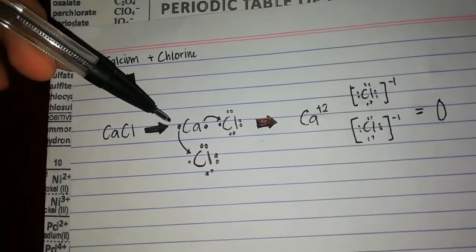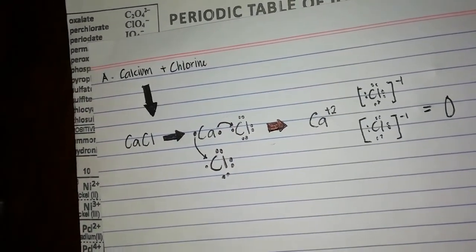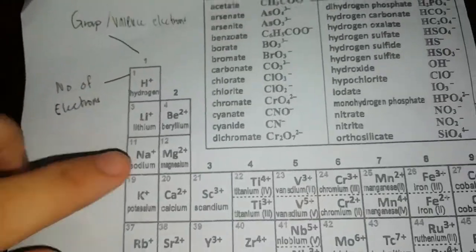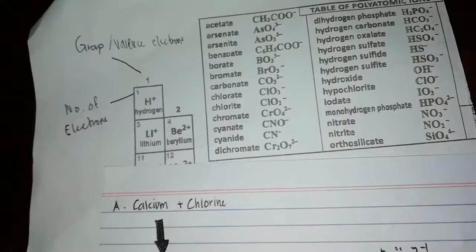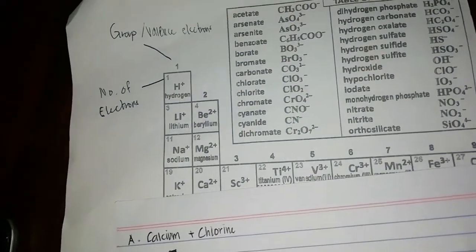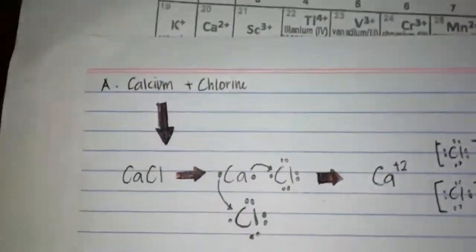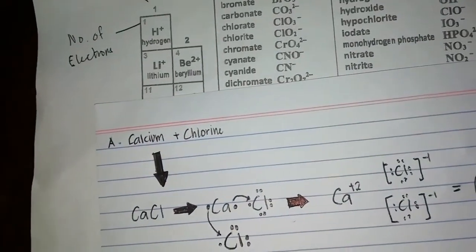For the Ca, it has 2 valence electrons because it is from group 2, as we can see here. So therefore it has 2 valence electrons. For the Cl, it is from group 6, therefore it has 6 valence electrons.